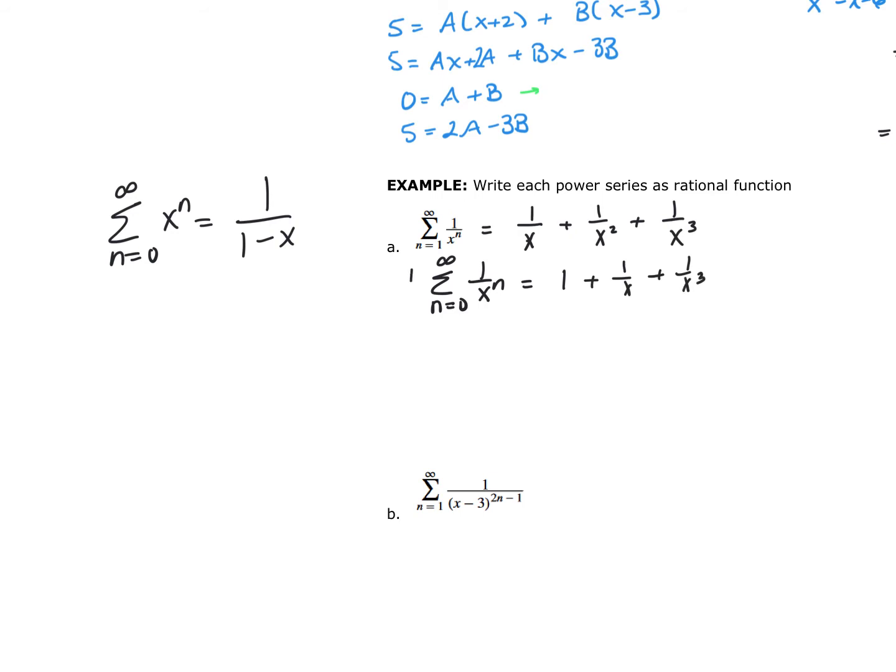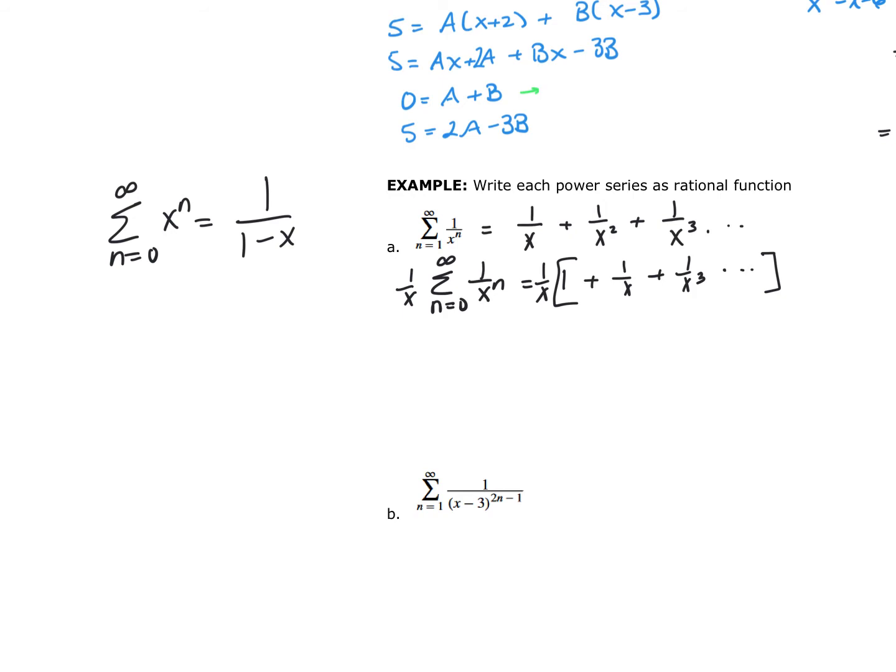The way that I can ensure that is I write 1 over x in front. So this 1 over x in front of all of my series will ensure that I now start with my index at 0, but I didn't change the series.